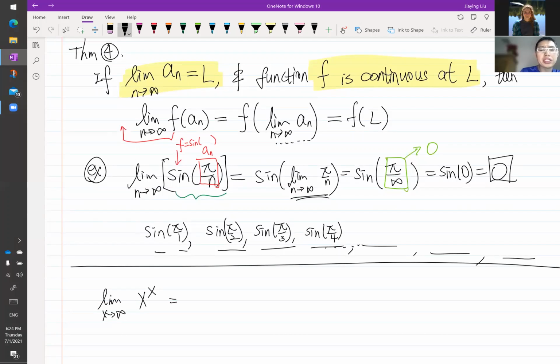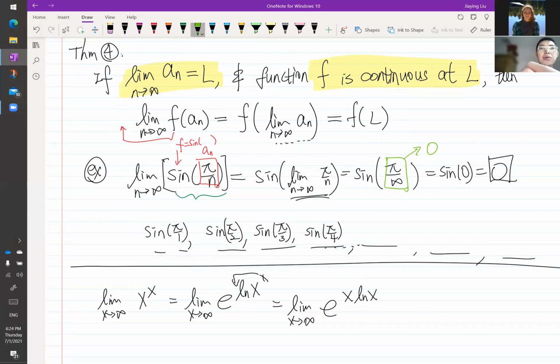What we did is we took x to the power of x and wrote it as e to the natural log of x to the x, and then we brought x in front. And then we kept the limit and wrote it as e raised to the x natural log of x. That's what we did, right?